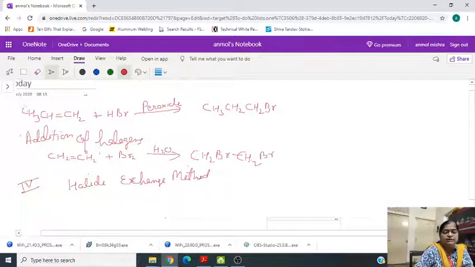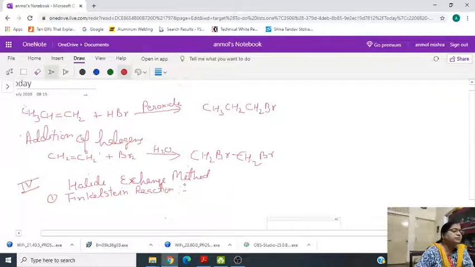Halide exchange method, first is Finkelstein reaction.